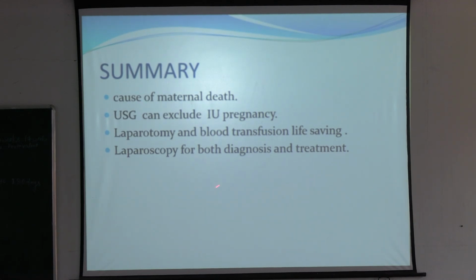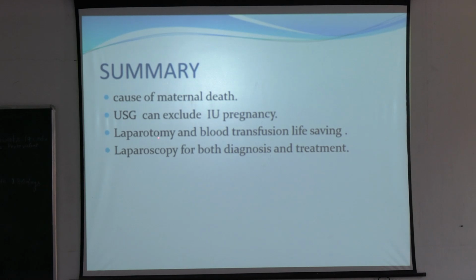So laparotomy and blood transfusion is life-saving. So always blood. Even if the patient is in a very, very critical condition, because if you keep the patient like that, the patient may die.